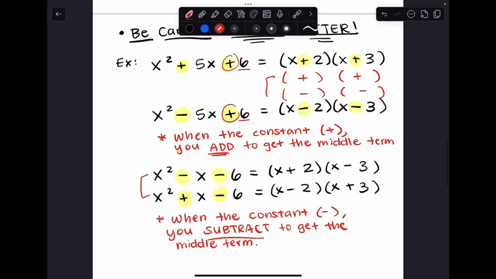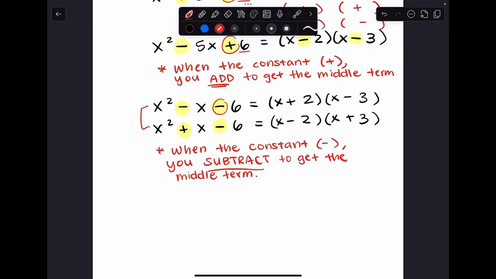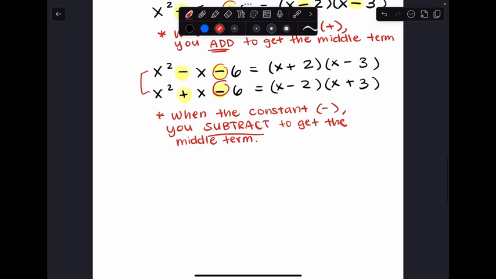Forgot to put, so same signs. Here, you have different signs. And here, that is when your constant is negative. So because these are different signs, you're either going to have a plus minus or a minus plus.